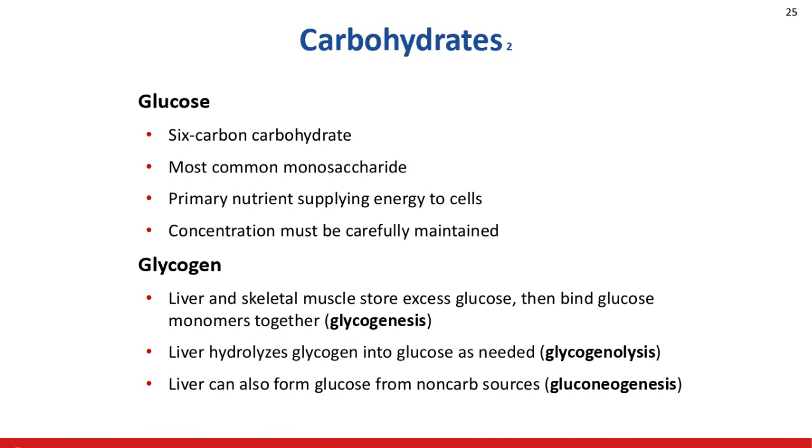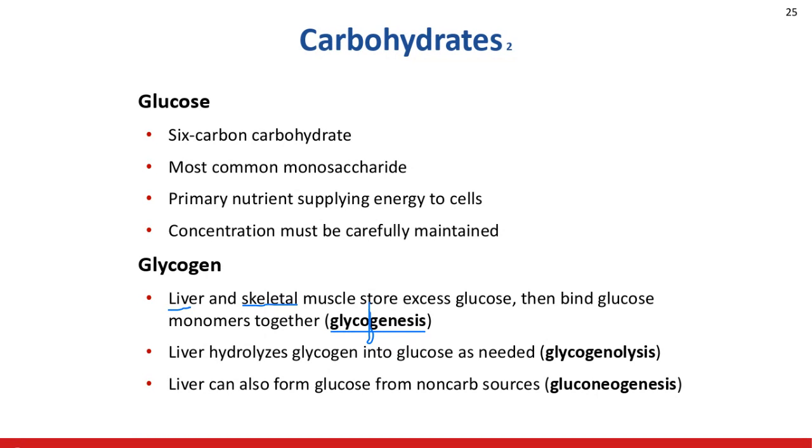So when you have a lot of blood glucose just floating around, your liver and your skeletal muscles are going to undergo a process called glycogenesis. Let's dissect that word. Glyco means glycogen. Genesis means to make, build, create. So your liver and your skeletal muscle are going to decide, I'm going to make glycogen.